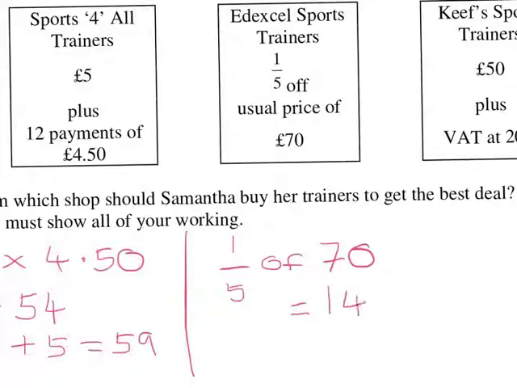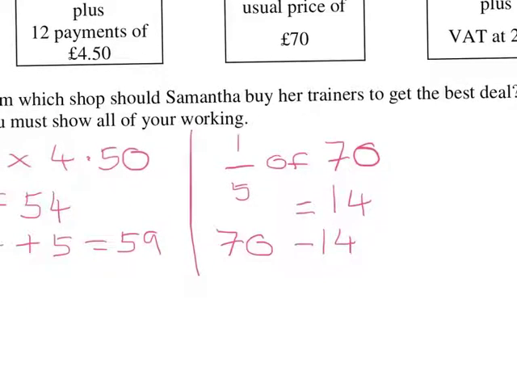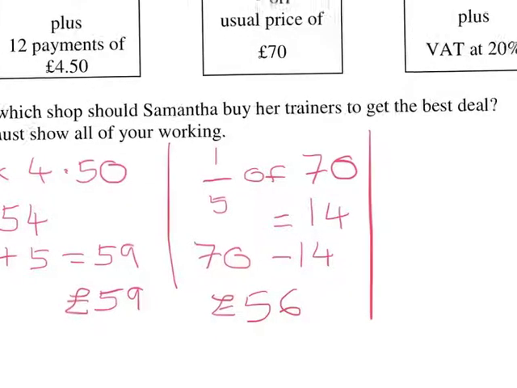That means the price has been reduced by 14. So if we take the initial price of 70 and take 14 away, that gives us the price £56. I'll put the pound sign there. I didn't really have space over here. This one cost 59. I'll write that again.